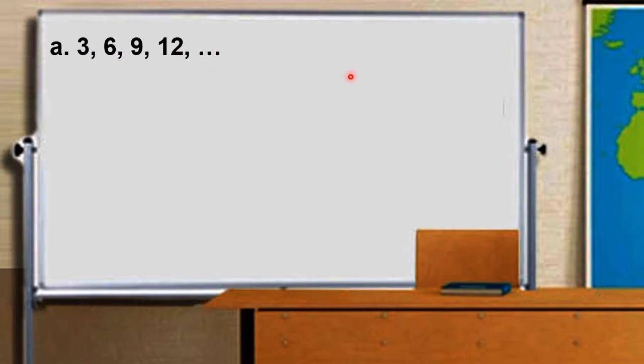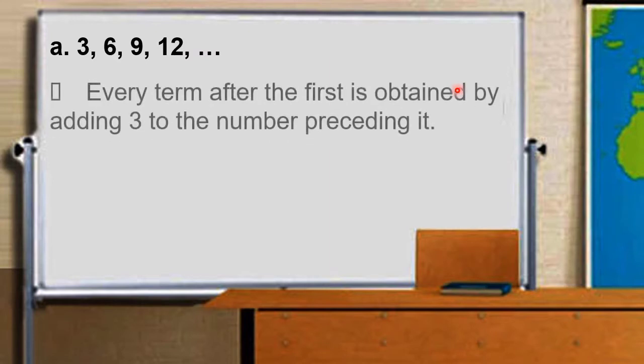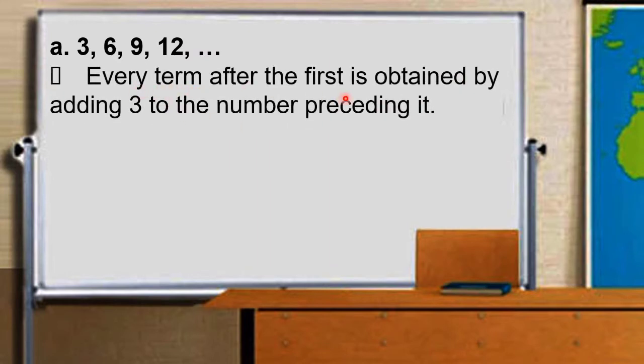So, yan yung ating sequence. Ang tawag dito ay sequence. At ang bawat isa, ang tawag ay, for example, this one, ito yung first term. Ito yung second term, third term, fourth term. Then yung sumunod pa. Okay, so every term after the first is obtained by adding 3 to the number preceding it.